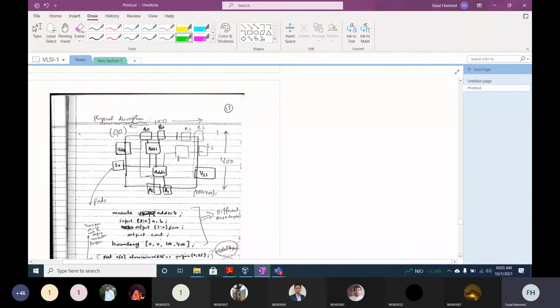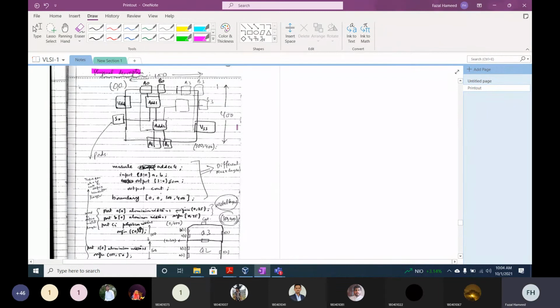Now another description. The final description is the physical description of a system. In a physical description, we see how different system components are interconnected and where they are placed.